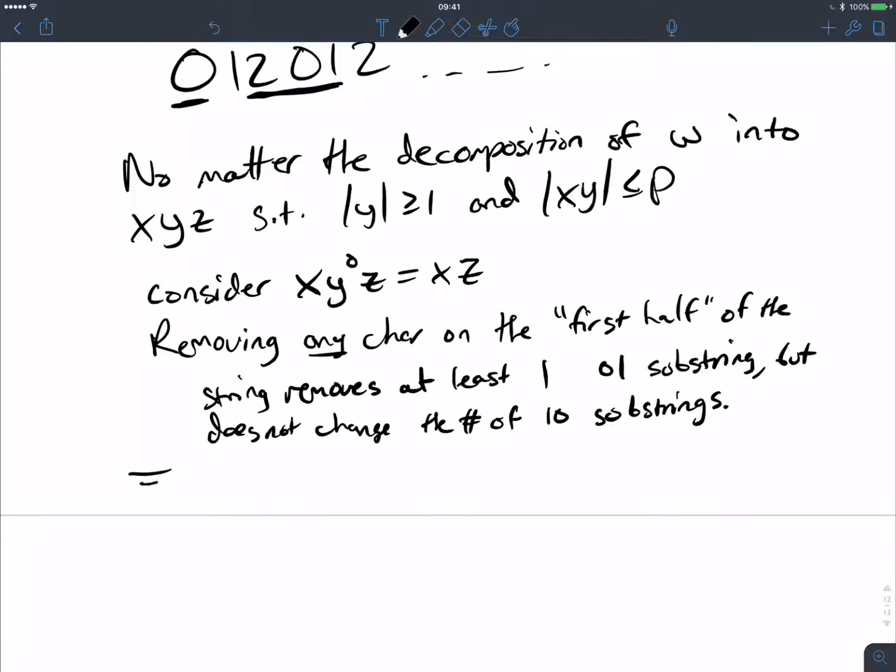And therefore, xz is not in L, so L is not regular.